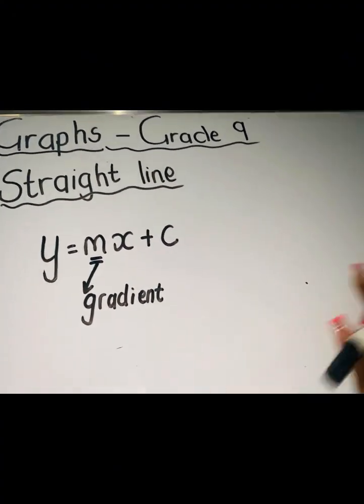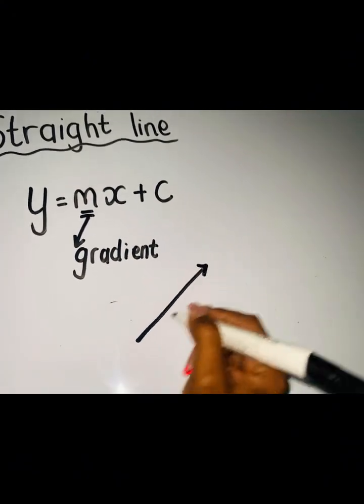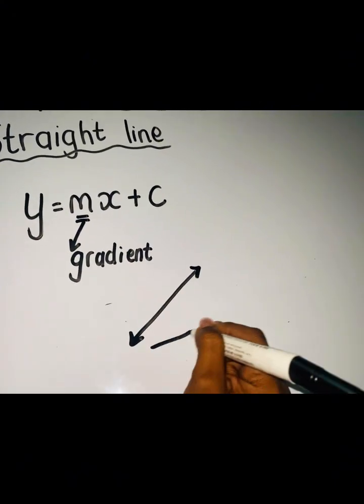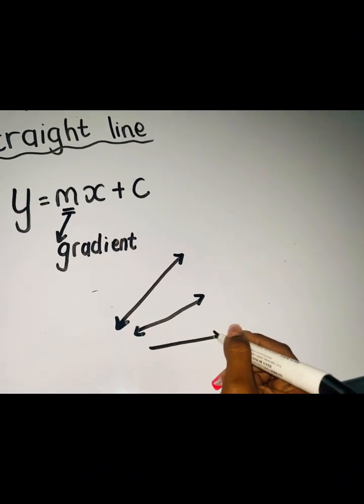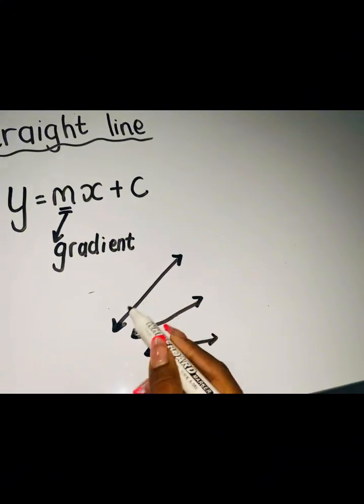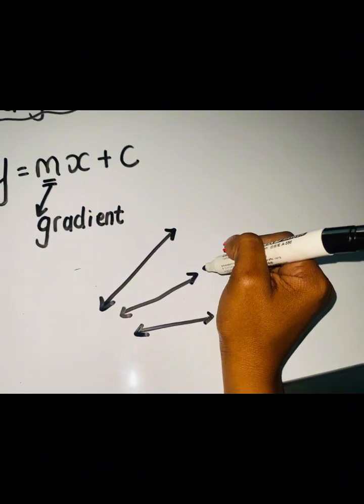Right, so if I was to draw these straight lines like this, we have this straight line, we have this straight line, and then we have this straight line. Now looking at these straight lines, can you see that this one is steeper than this one?